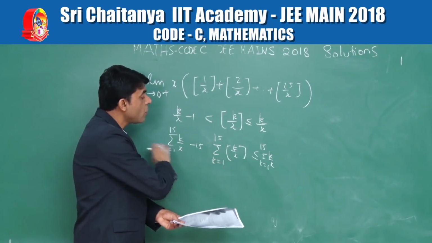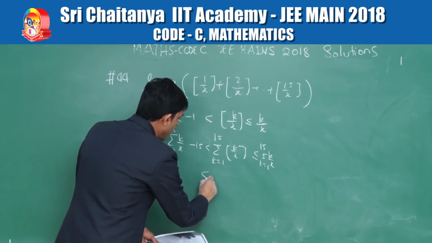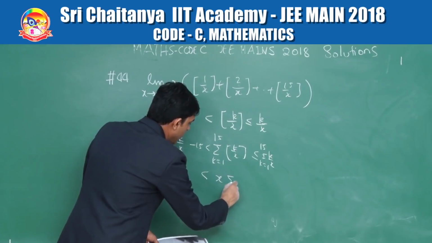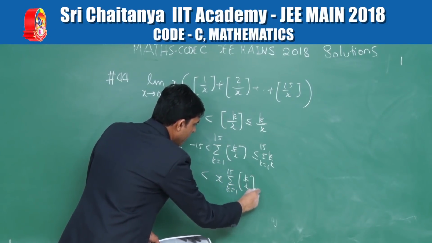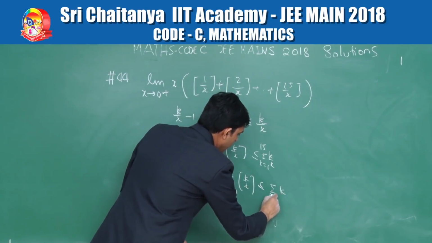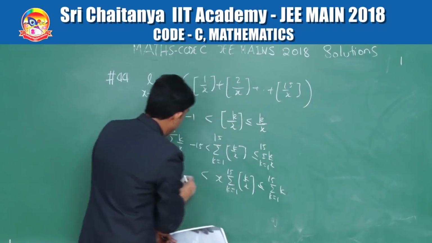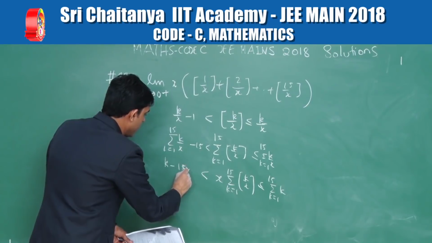Let's multiply throughout by x. That gives you sigma k equal to 1 to 15 of k, minus 15x.